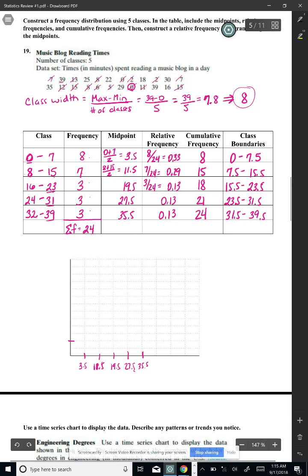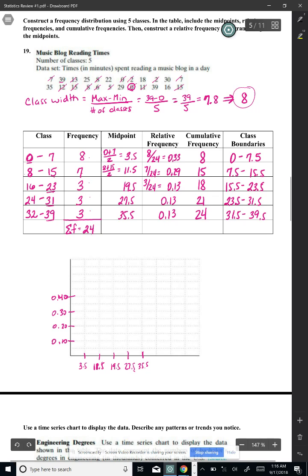So I'm going to go up here and make this 0.10, 0.20, 0.30, and 0.40. And then, of course, these would be labeled. I'm not taking the time to label these. This down here would be your cumulative frequency, these down here would be the midpoints, and then this to the side would be the relative frequencies.